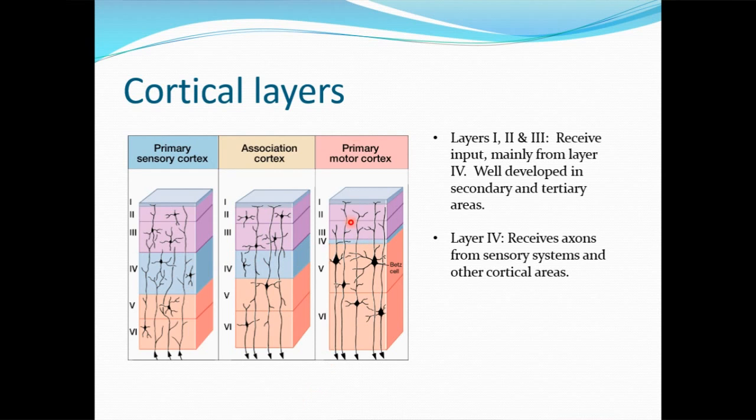Now you can see here in the primary motor cortex, this layer 4 is very thin because it doesn't receive many axons from sensory systems and other cortical areas, whereas the primary sensory area receives a lot, and the association cortex also, although less. And then layers 5 and 6 send axons to other brain areas. So your primary motor cortex that is sending axons out, you can understand why layers 5 and 6 are so thick. Okay. Now we're going to come back to this again in a little while.